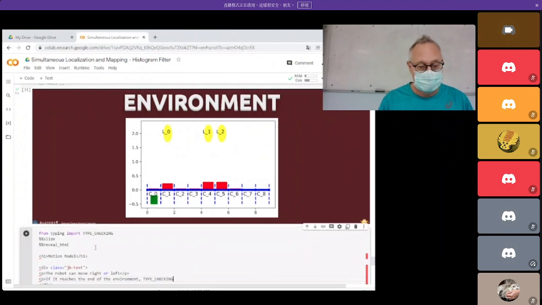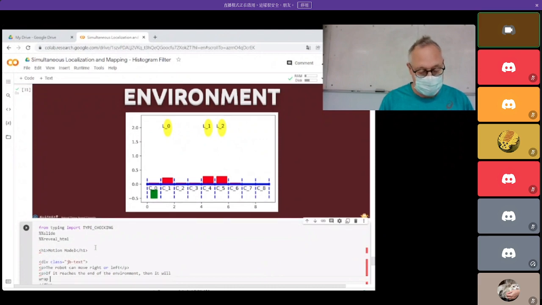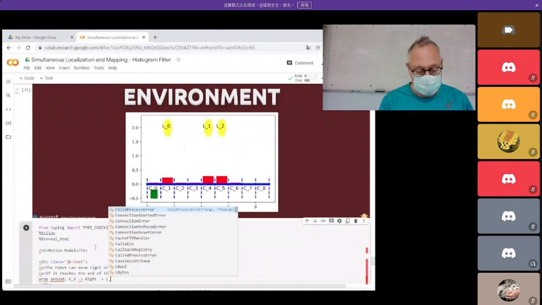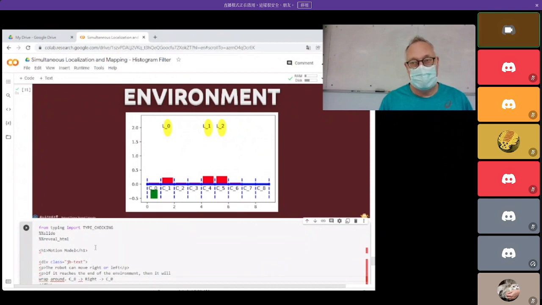then it will wrap around. So for example, if it's at C8 and it goes right, then it'll end up in C0, or vice versa for going left in C0.